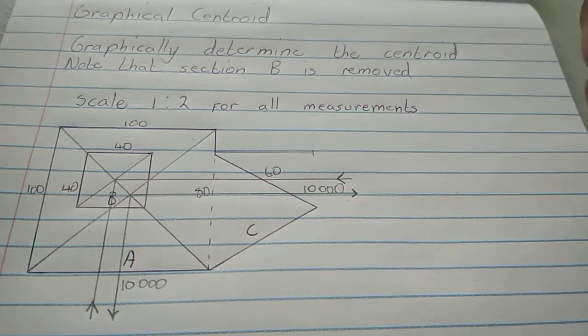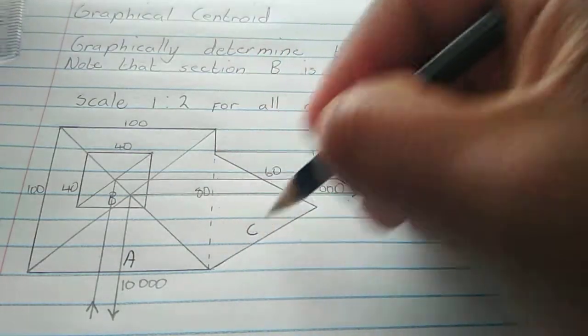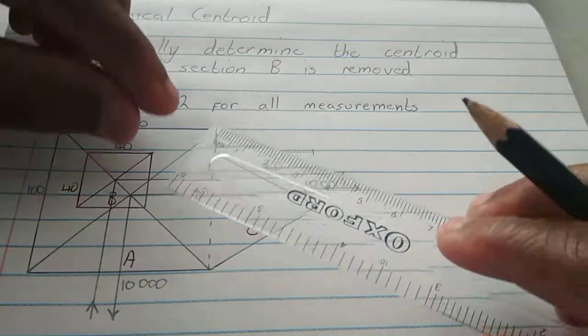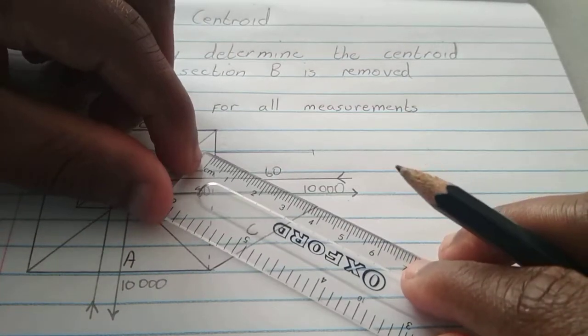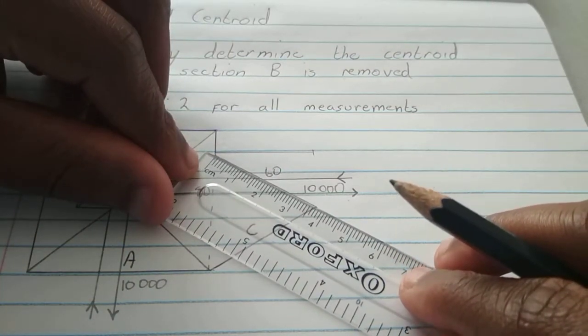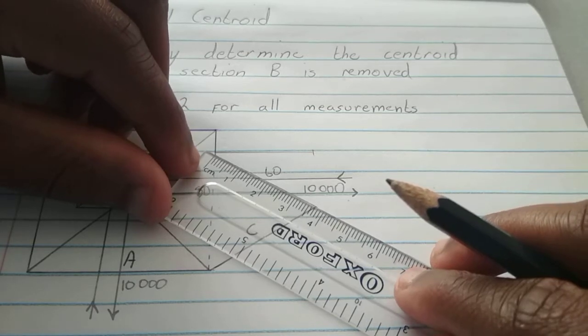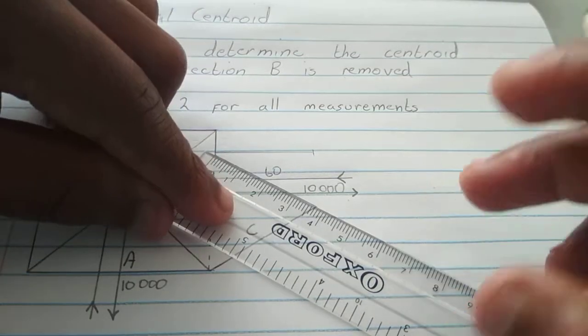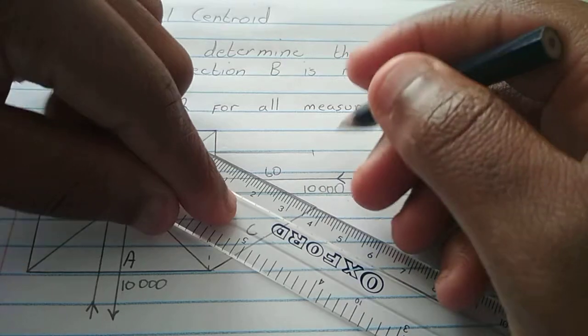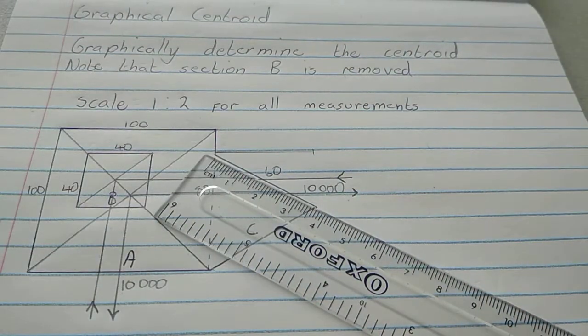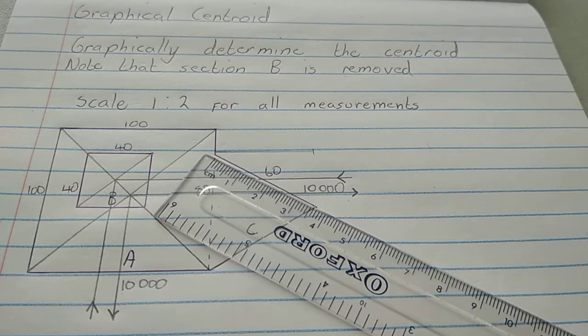Now we get the centroid of this triangle C. All right, so how do we do that? Let's get half the distance. It's about 3.2. What is half of 3.2? Let's get our calculator.